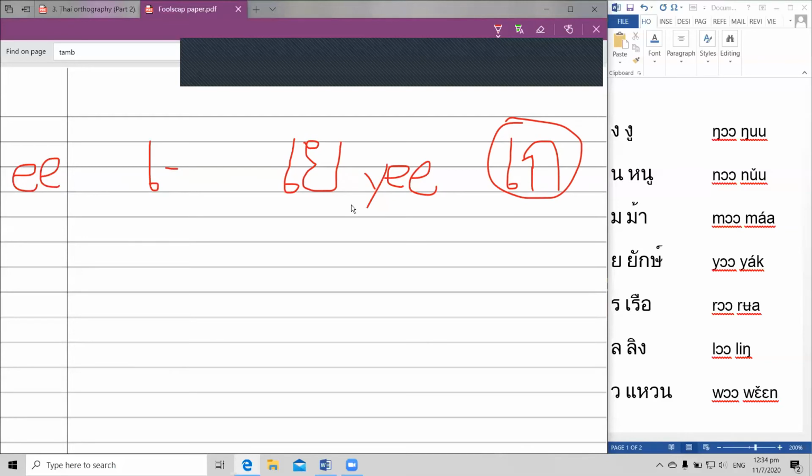Technically, when you write it, right, you should write from left to right. That means that you write the vowels first. So just now I wrote your, yak, and ko kai first before writing the sara A, right? Actually, you shouldn't be doing that. Okay, but with practice, you'll know that, oh, I need to write the vowel first. Okay. So when I write, I'm supposed to write it this way. All right.